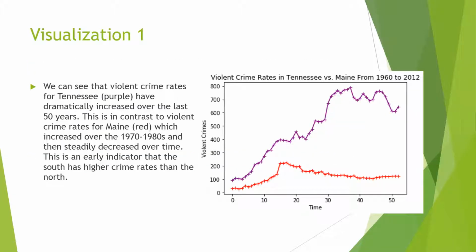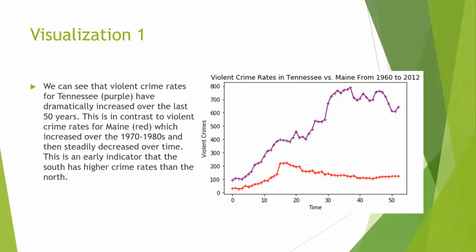Using Python, we can create a visualization to help us answer these questions. On the right, we can see a graph of violent crime rates in Tennessee versus Maine from 1960 to 2012. The red line is Maine and the purple line is Tennessee, with the y-axis being violent crime rates per population and the x-axis being time, with the far left being 1960 and the far right being 2012.